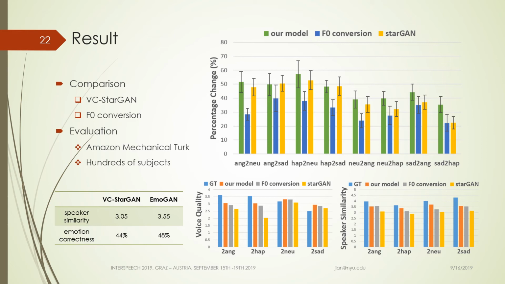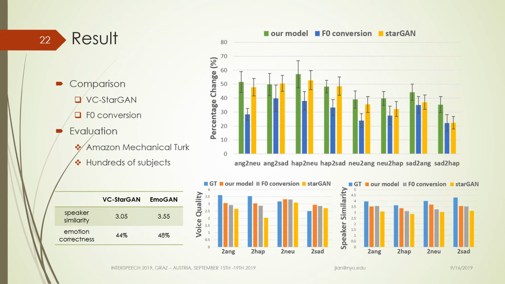For example, in the trial, angry to neutral, utterances with label angry in EmoGAN were converted, and the generated speech was labeled by the majority vote of human annotators. We compute the percentage change from the source domain to the target domain. A higher value indicates a stronger ability of emotional conversion.